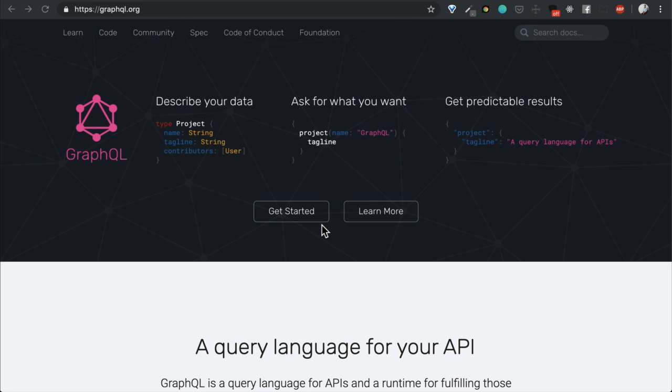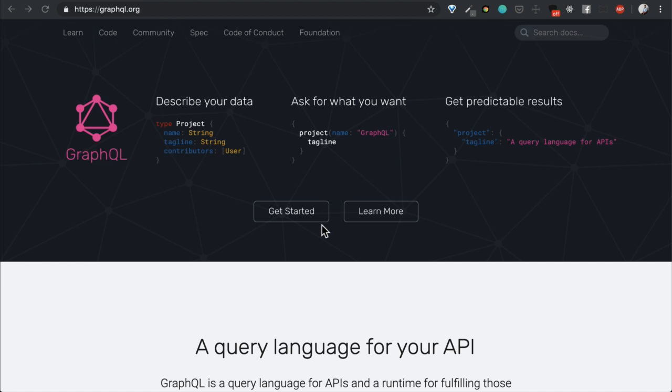the development table. Now, in order for us to understand what GraphQL is, we need to understand the problem that GraphQL is trying to solve. And in order for us to understand this, we need to first understand that GraphQL is actually something for the backend.